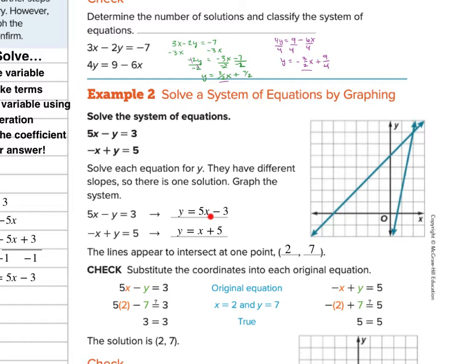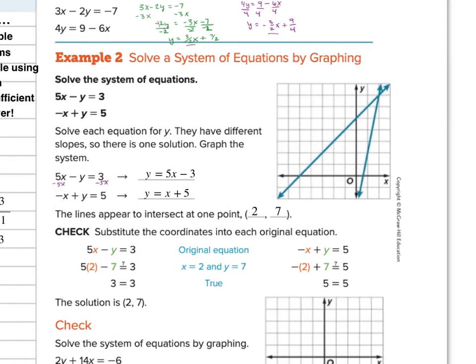So here we have y is equal to 5x minus 3, y is equal to x plus 5. They did their inverse operations here. So again, isolating your variable, and then dividing by -1. They came up with that.